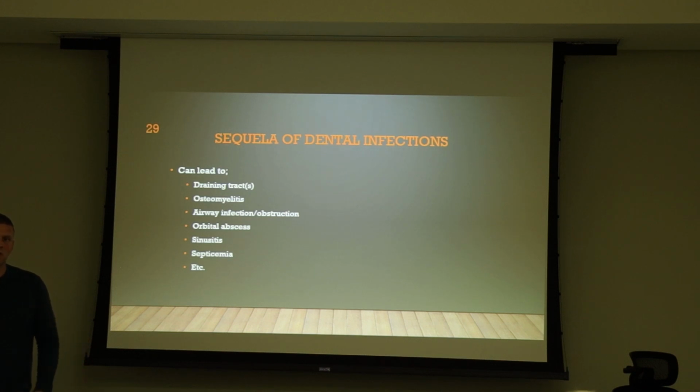You can have all these things, and a bunch more, secondary to dental infections. But most of the time, the mouth keeps things to itself. Whenever I talk to owners about it, I always say the mouth is good at keeping infection in the mouth. Occasionally it'll leak out and you have an abscess outside the face or a draining tract below the jaw. They'll breathe in some stuff and get upper or lower respiratory infections.